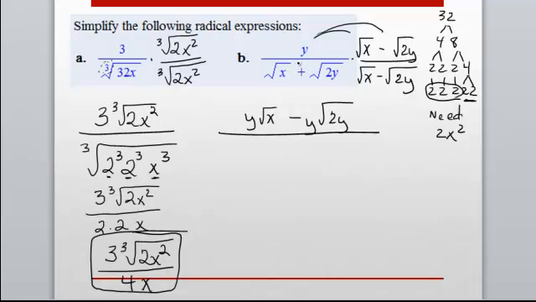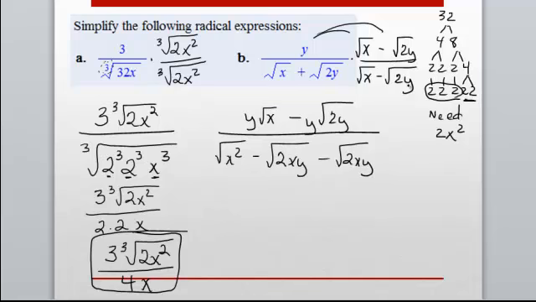And in the denominator, we're going to have the square root of x times the square root of x, square root of x times negative square root of 2y, square root of 2y times the square root of x, and square root of 2y times negative square root of 2y.